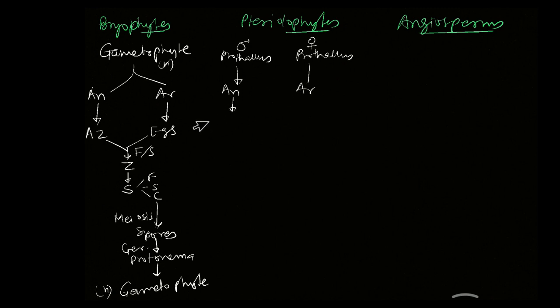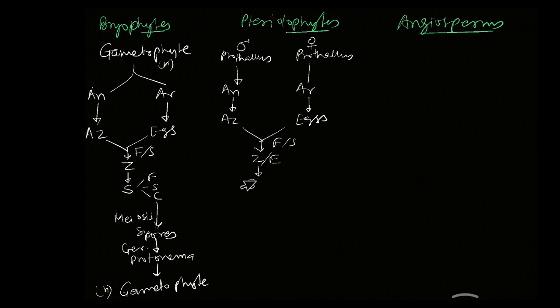In the antheridium, antherozoids are produced. In the archegonium, eggs are produced. Okay, and after the fertilization or syngamy, the zygote develops into an embryo. In bryophytes, embryo is not formed. Then this zygote or embryo is converted into the sporophyte.